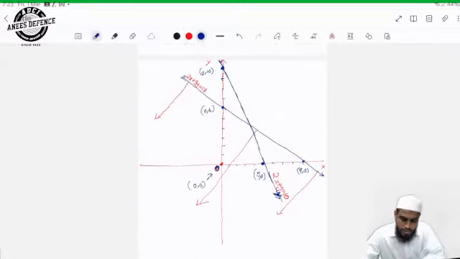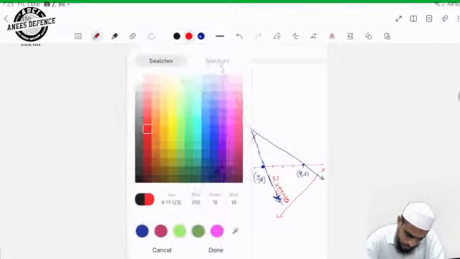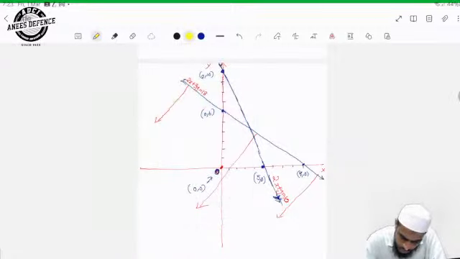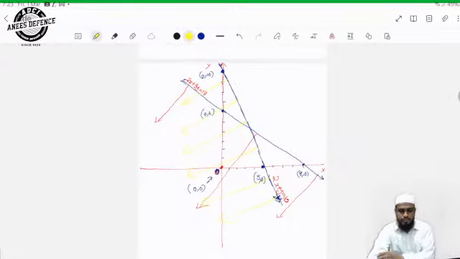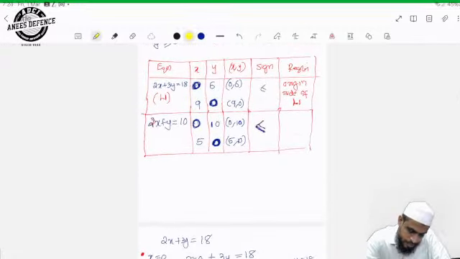So our area of interest is the origin side. So this is our area of interest. Here you can write the second line is L2.